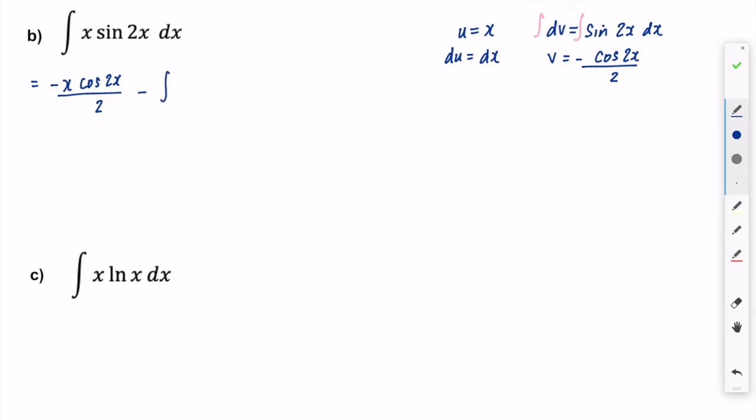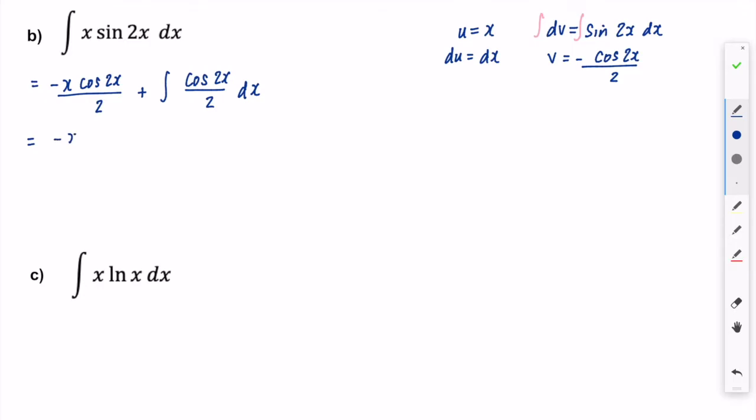Okay, so here we have the integral of negative, so I'm going to make this plus cosine 2x over 2, du is dx, just like that. I think this is doable, so let's continue.